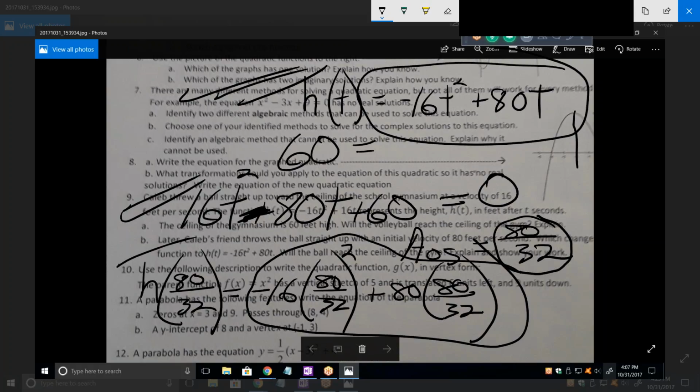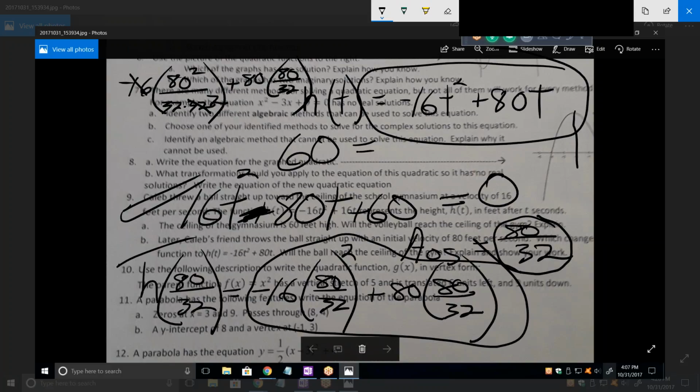Let's do that math up here in the upper left. So I've got minus 16 times 80 squared over 32 squared, plus 80 times 80 over 32. Notice that if I take away that 16, it takes away half of one of those.